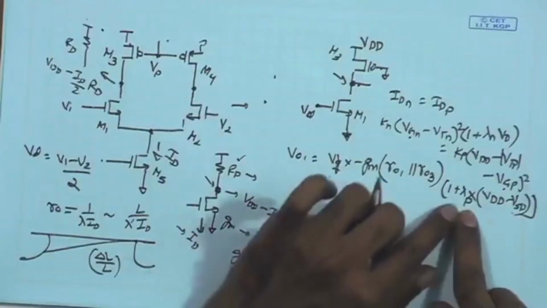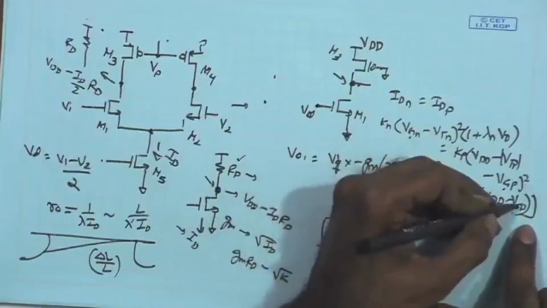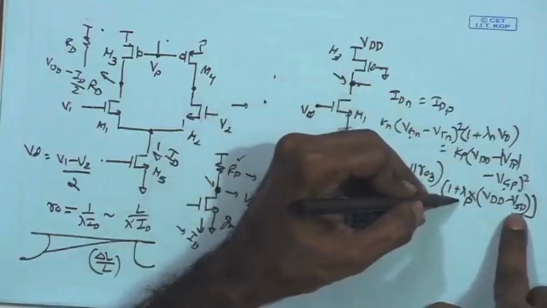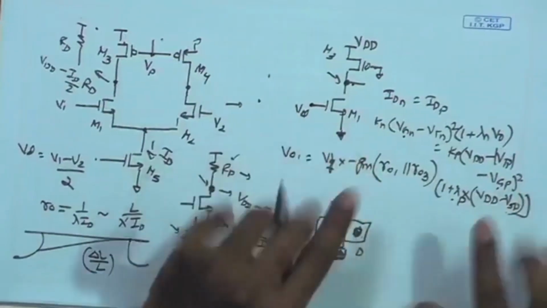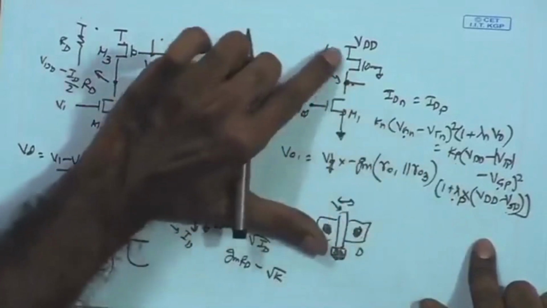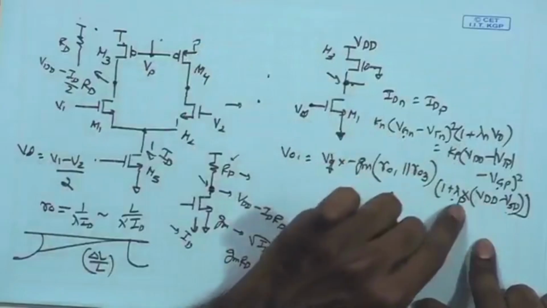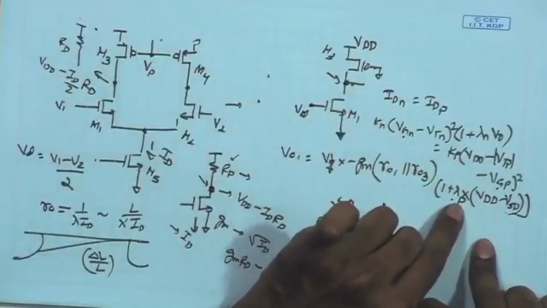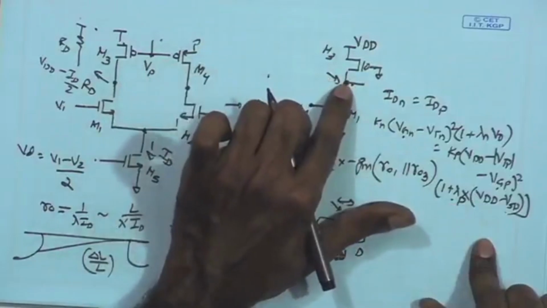So here you will be finding the expression for Vd, which is going to be determined by the lambda p lambda n ratio and also the Kn Kp ratio. All these values, the Kn Kp ratio, that is the transconductance parameters of NMOS, PMOS, and the lambda n lambda p ratios, can vary a lot from device to device, and therefore we don't have much control on the output DC point over here.